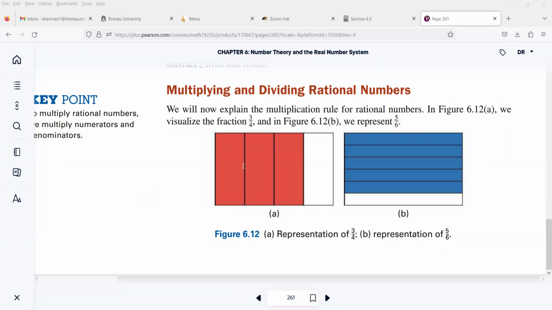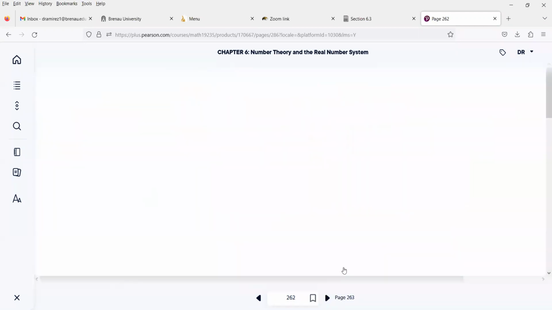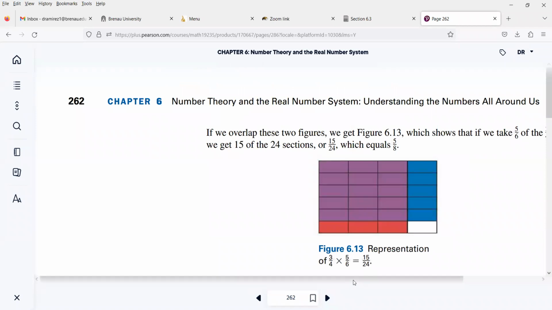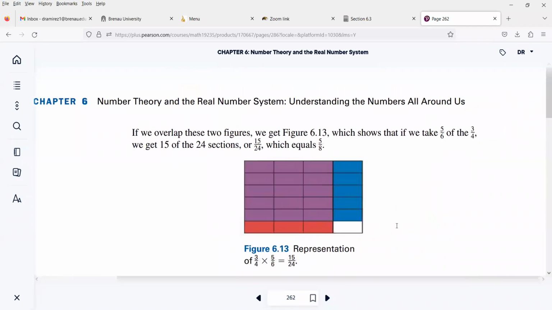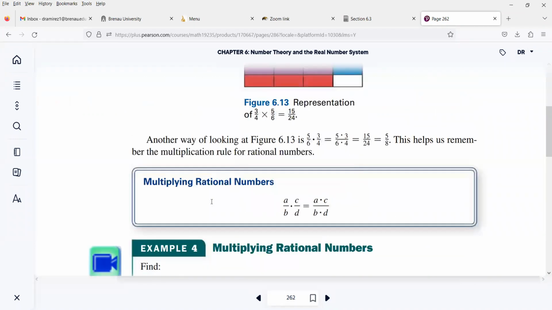So we have 3/4 and 5/6. And then if you overlap the rectangles, you're going to have 15 pieces in common. So 3 over 4 times 5 over 6 is going to be 15 over 24. So the multiplication is nothing but the product of the numerators over the product of the denominators.